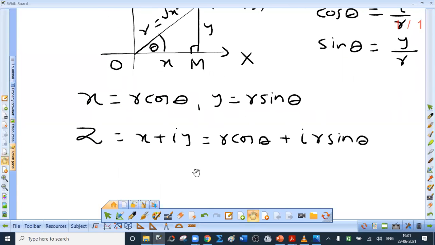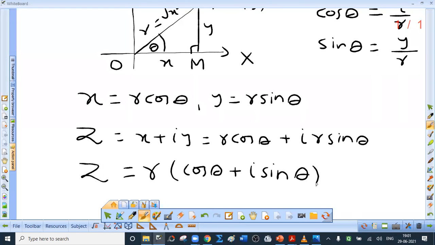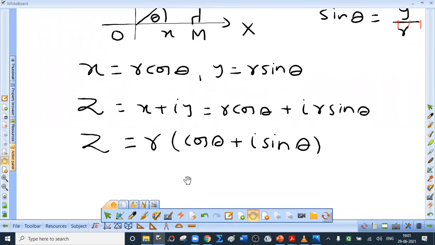Now, can I take r common? Yes, I can. So z is r, in bracket, cos theta plus i sin theta. And r is the modulus of the complex number, that is r equal to mod z.